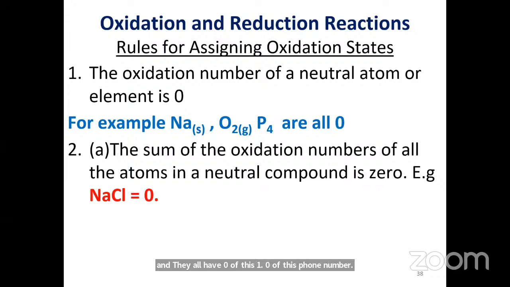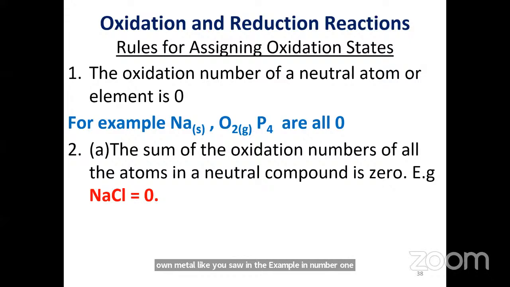Secondly, the sum of the oxidation numbers of all atoms in a neutral compound is 0. For instance, you have sodium chloride. Here, it is no longer sodium metal like we saw in number 1.